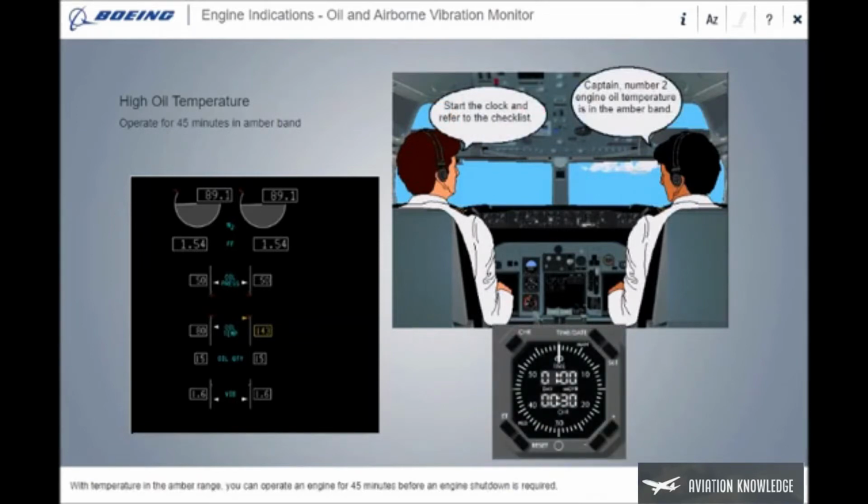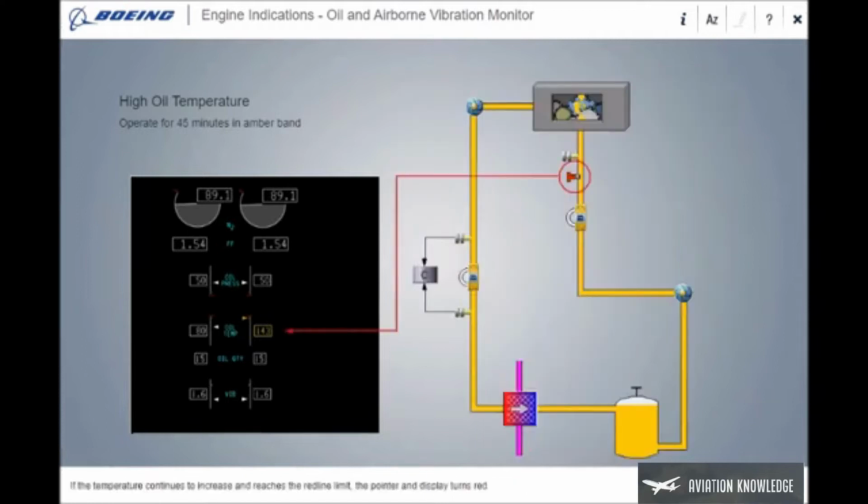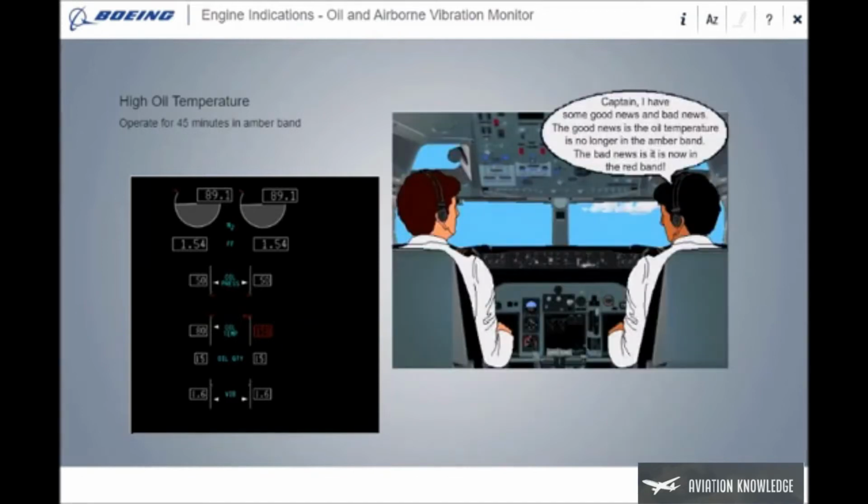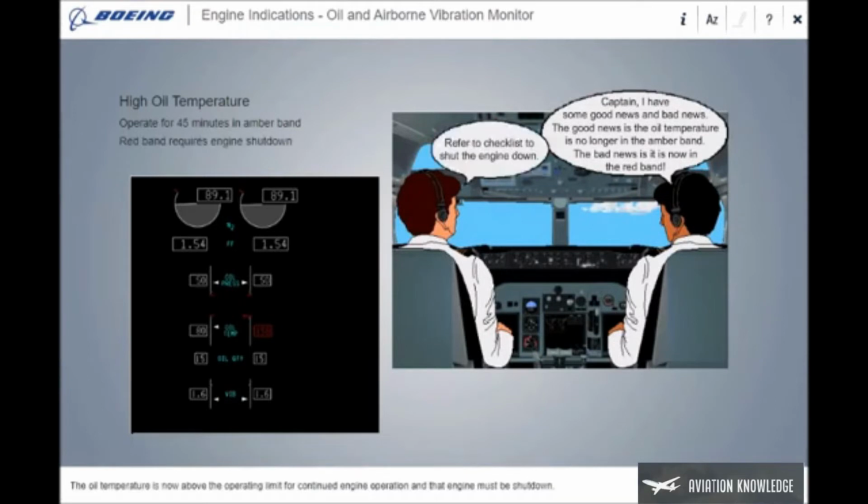With temperature in the amber range, you can operate an engine for 45 minutes before an engine shutdown is required. If the temperature continues to increase and reaches the red line limit, the pointer and display turn red. The oil temperature is now above the operating limit for continued engine operation, and that engine must be shut down.